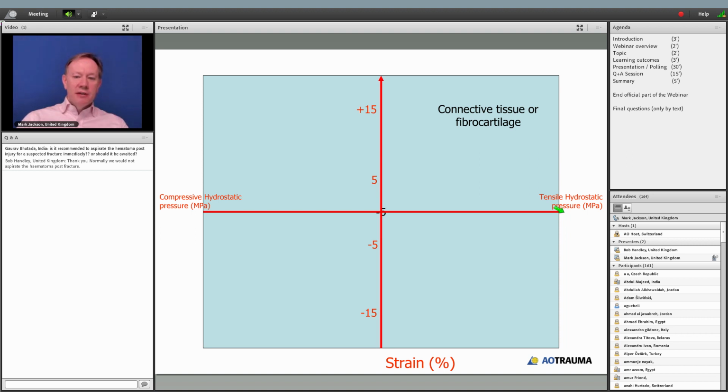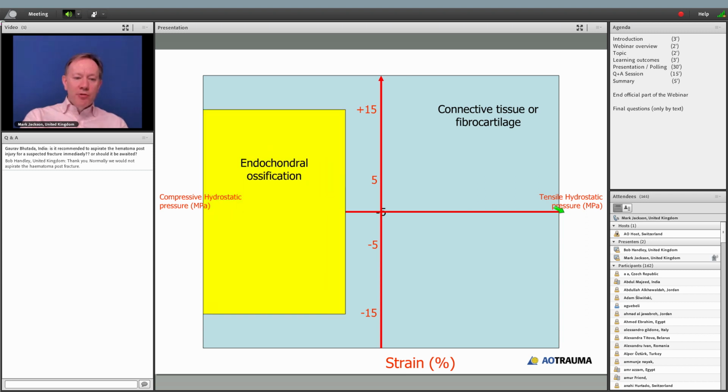And what he found is that at high strains above 15% and at high compressive and tensile loads, the tissue formed, or that was tolerated by that, was connective tissue or fibrocartilage. And as we get the progression of healing, or perhaps the arrest in the case of a non-union, we find that the strains and the hydrostatic pressures change.